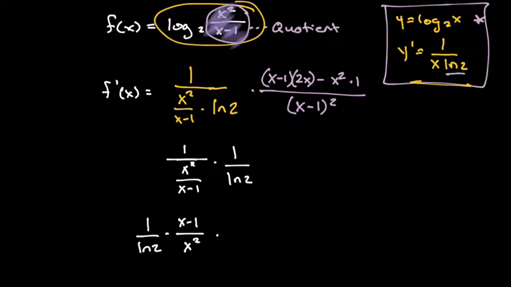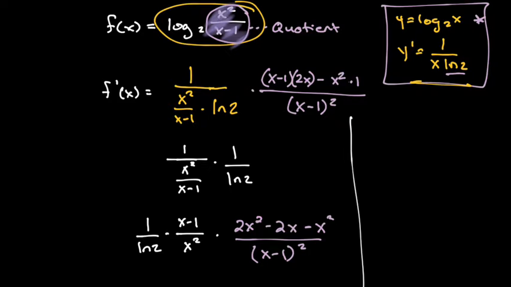And then I still have all of this stuff multiplied by everything that's in that purple. I'm just going to distribute the 2x. So I'd have 2x squared, subtract 2x, and subtract x squared, all over x minus 1 quantity squared. Simplifying the top, I'll do my work over here.